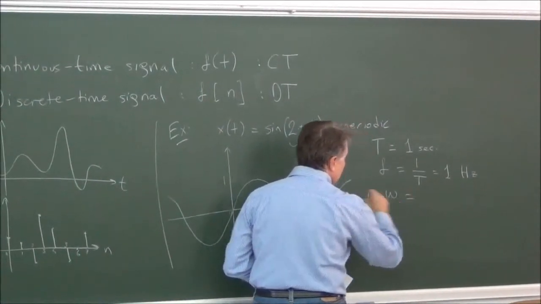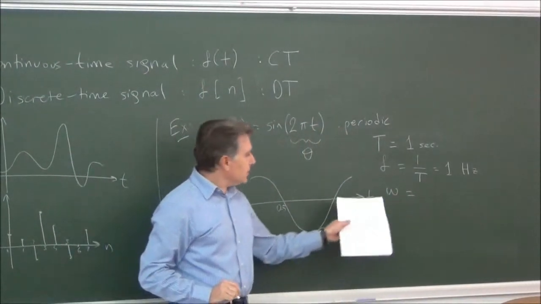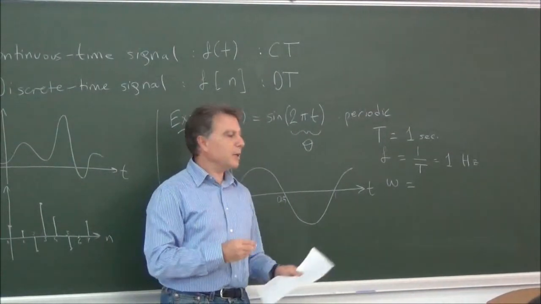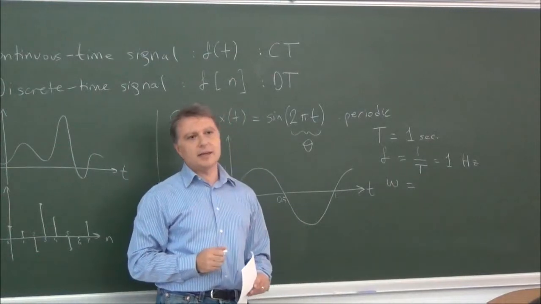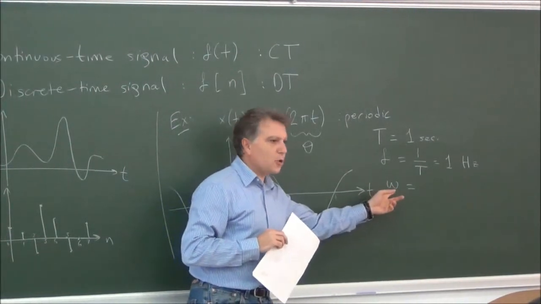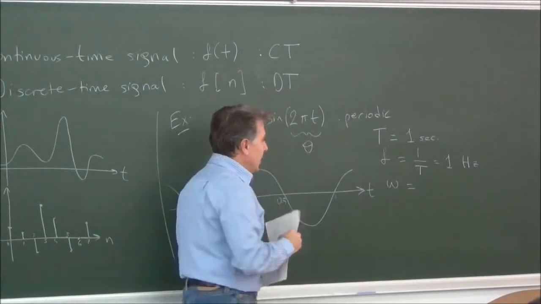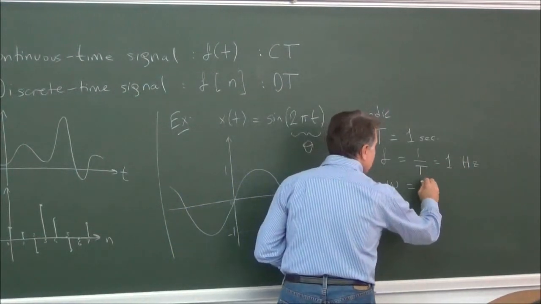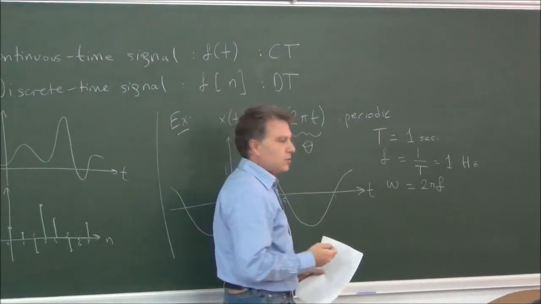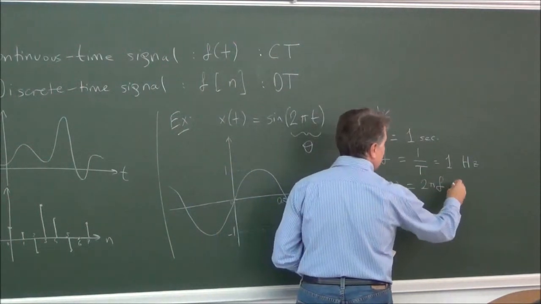It looks like a W, and I write the W exactly the same way, but actually it means omega, the Greek lowercase letter. That's why I'm calling this omega instead of W. Omega is 2 pi times f. It's just a scaled version of Hertz.